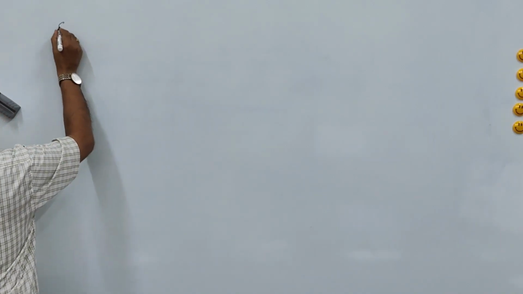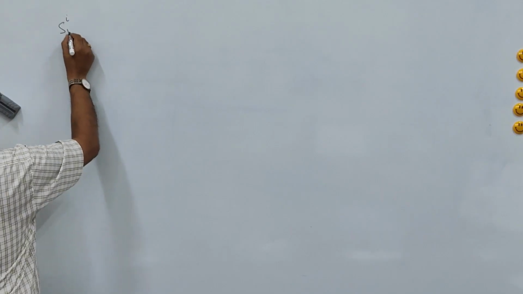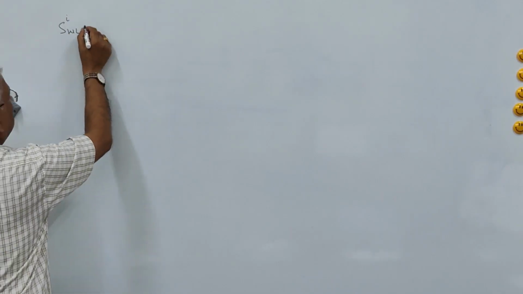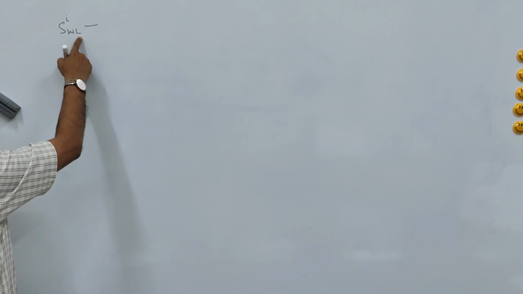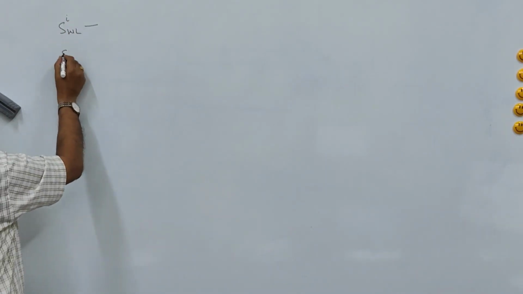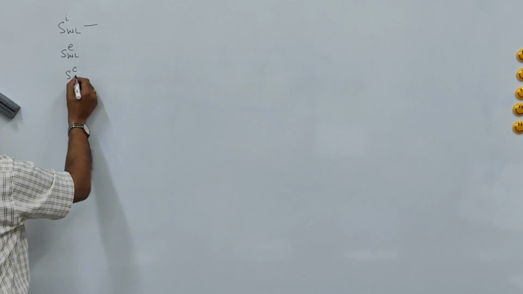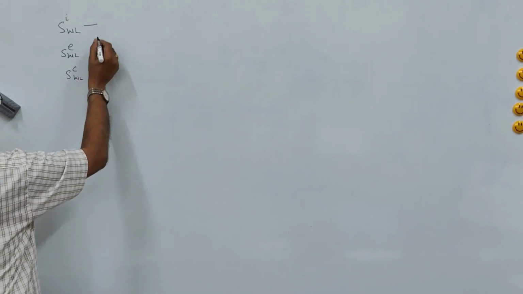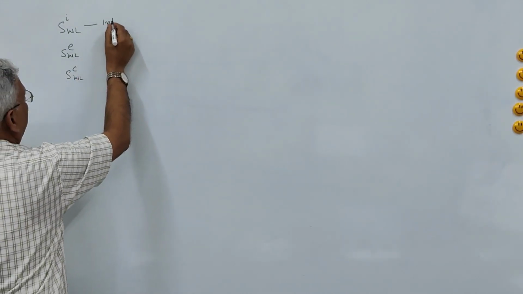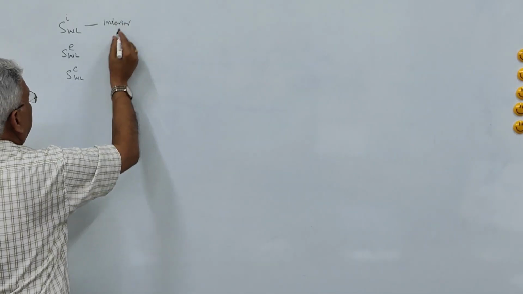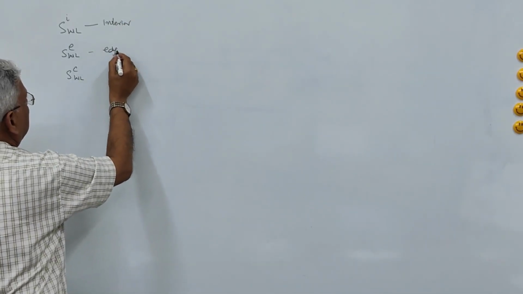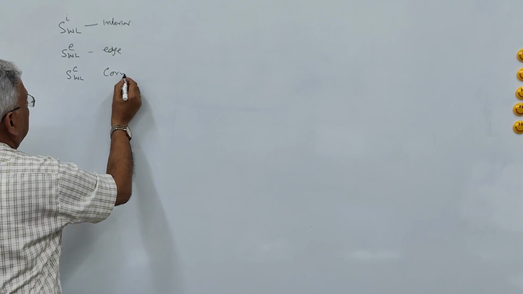So let us say SIWL is the stress because of wheel load at interior, at edge because of wheel load, and at corner because of wheel load. So this is interior, this is edge, and this is corner.